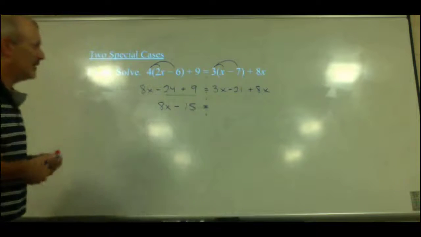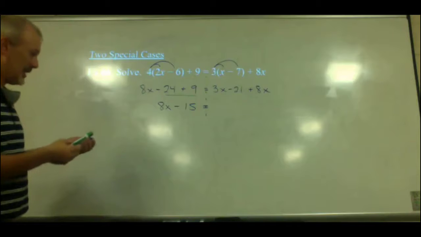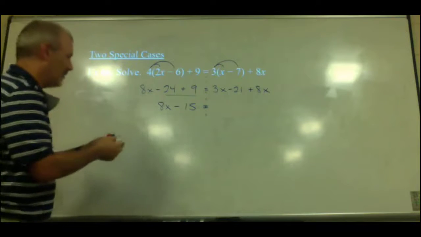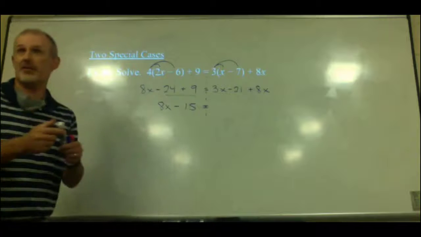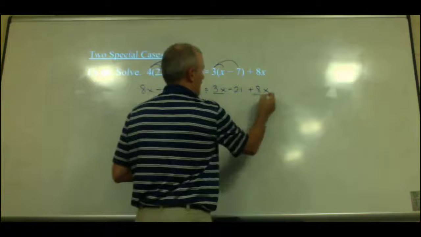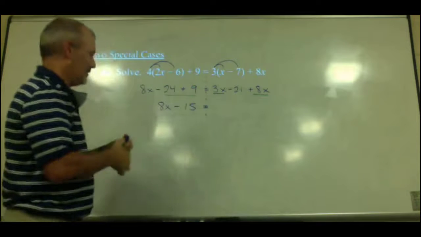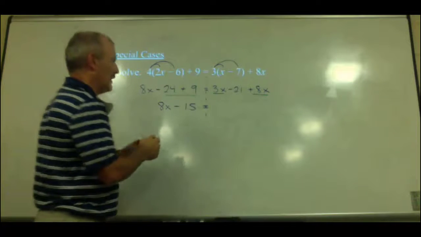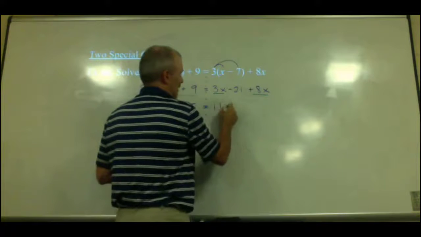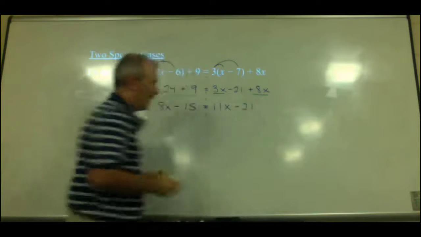All right. Then on the other side, what can we simplify? 3x and 8x. Okay. And when we combine those, what do we get? 11x. And then we have minus 21.